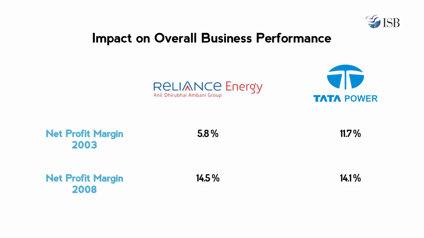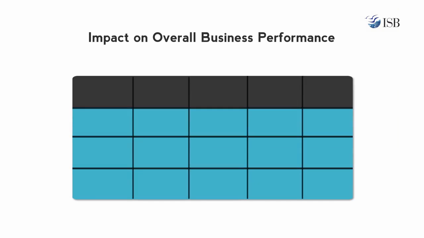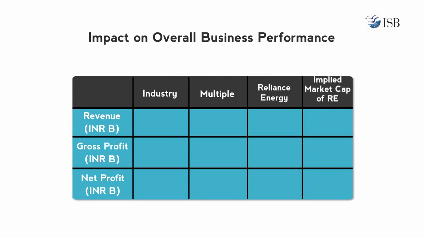In terms of market performance too, Reliance was a winner. Here I have a simple multiples analysis to illustrate the point. For instance, the average revenue of the industry in 2008 was INR 36.8 billion and the average market capitalization was INR 62.6 billion. This yields a revenue multiple of 1.7 for this industry.